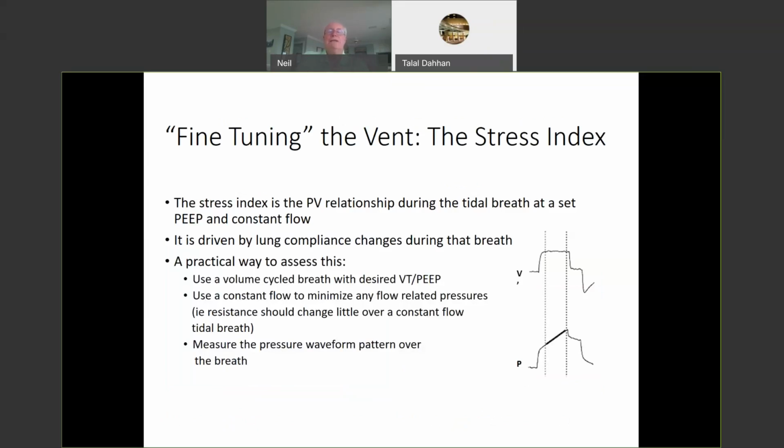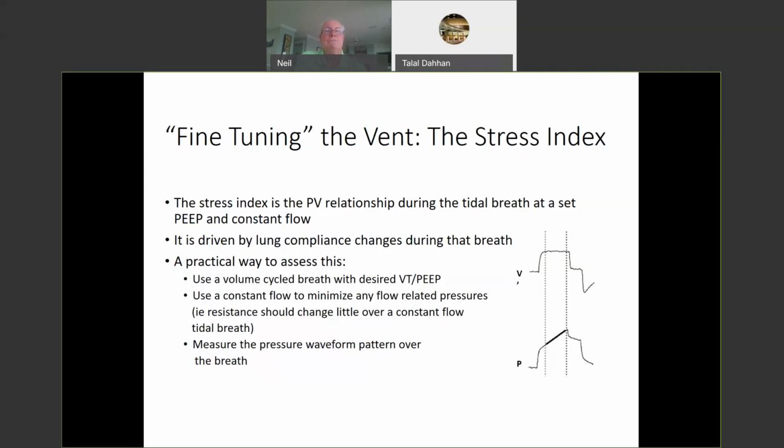So before I leave this basic discussion, I want to talk about the stress index as another way to fine-tune your settings. So what is the stress index? The stress index is really a pressure volume curve during the tidal breath at a set PEEP and a set constant flow.